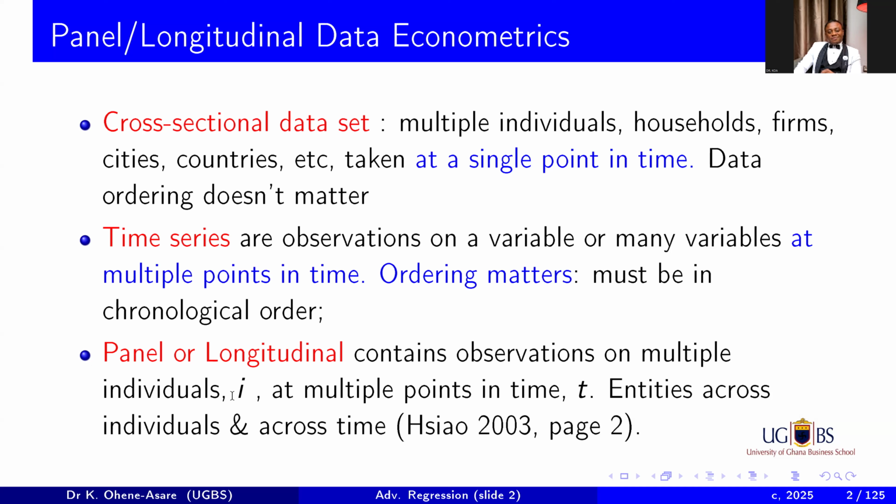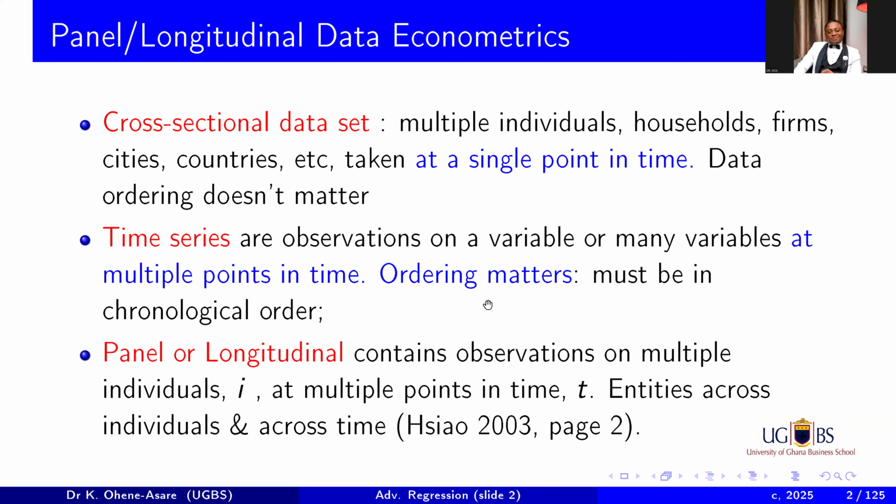Then you collect that information every year. Now you have a chunk of individuals in one cross-section, but you have multiple cross-sections. So that gives you time.